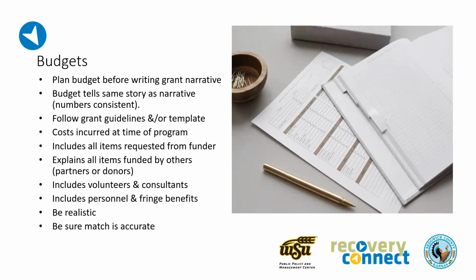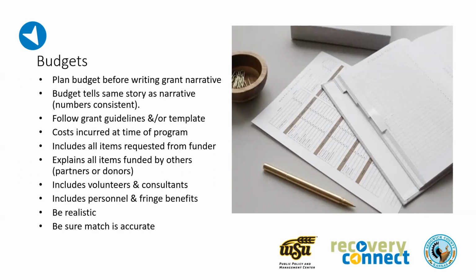This is going to include volunteer time and consultant time. It's going to include your personnel and your fringe benefits. So all of the folks that are involved in delivering the services and all of the expenses that are incurred should be listed. And if some expenses are paid for by partners, they would be listed in a separate column than those requested from the funder.